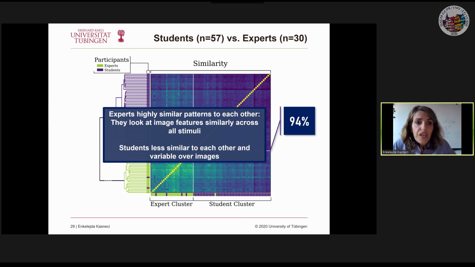What is specific here is that experts have highly similar patterns to each other, so they look at image features similarly across all stimuli, while students have less similar patterns to each other and variable patterns over images. So they're in the process of building up their conceptual and perceptual knowledge.